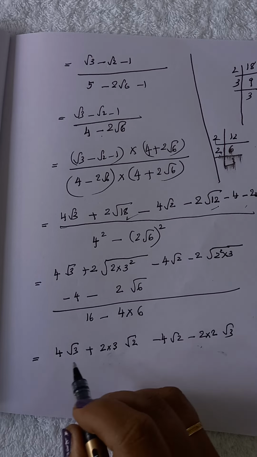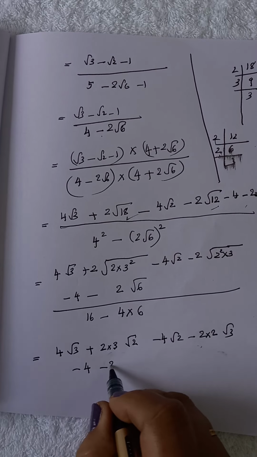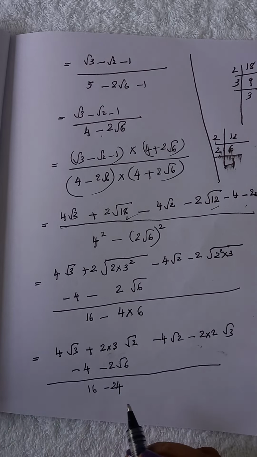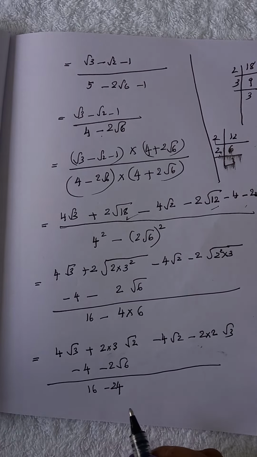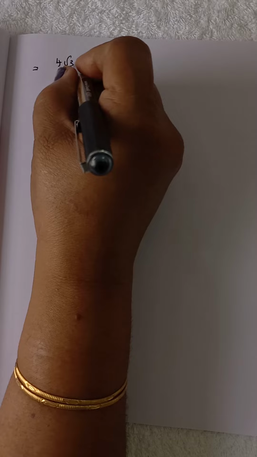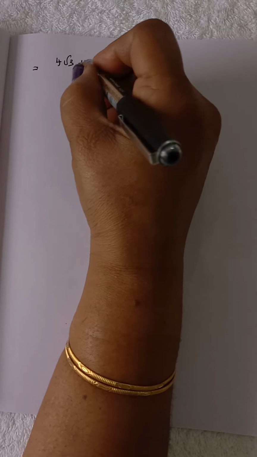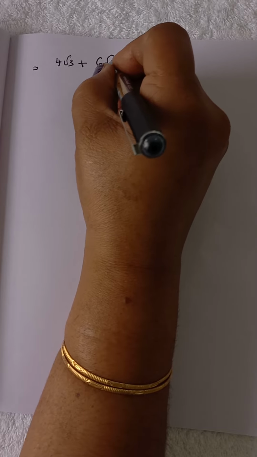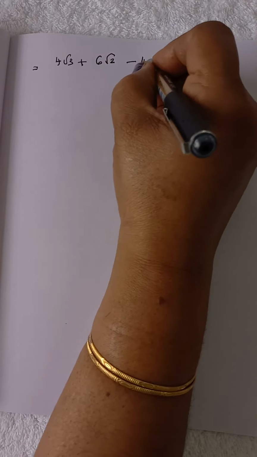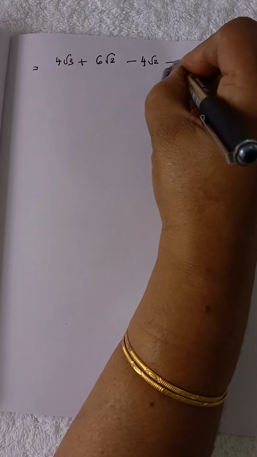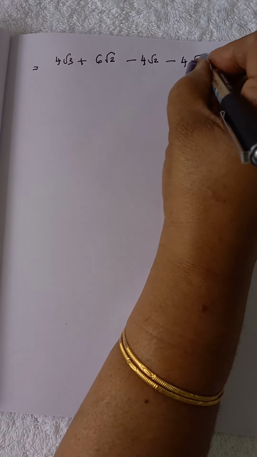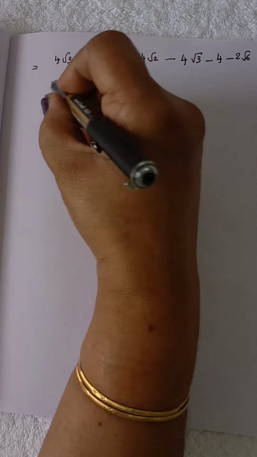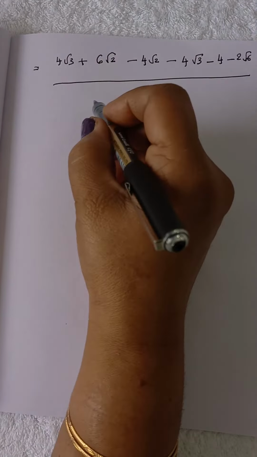Then minus 4 minus 2 root 6 divided by 16 minus 24. 4 root 3 plus 6 root 3 plus 6 root 2 minus 4 root 2 minus 2 into 2, that is 4, that is 4 root 3 minus 4 minus 2 root 6, then that divided by 16 minus 24 is minus 8.